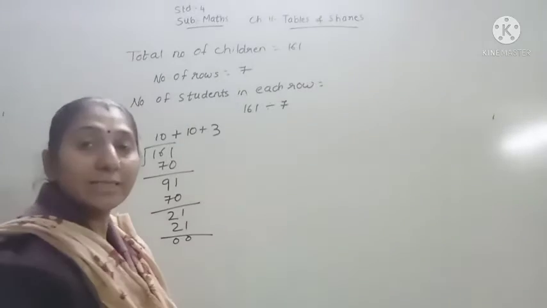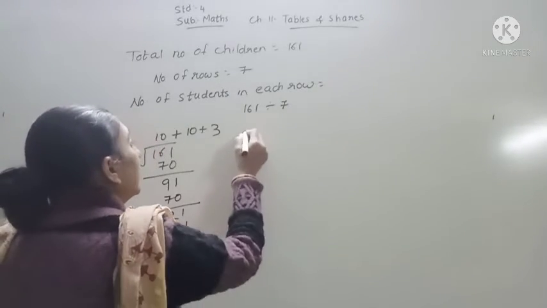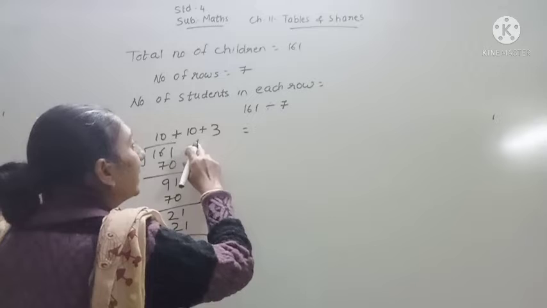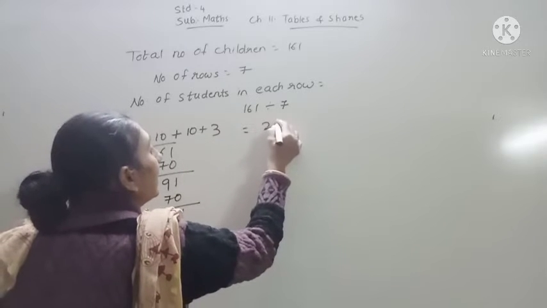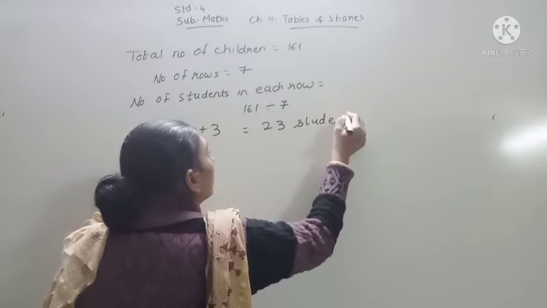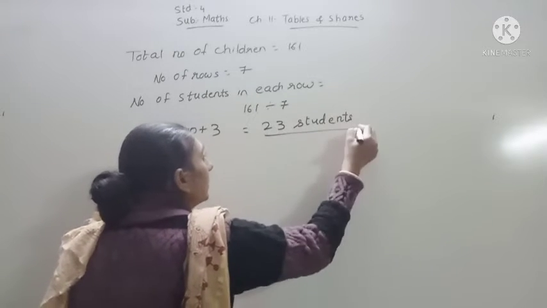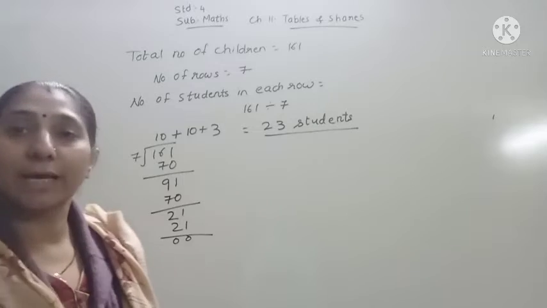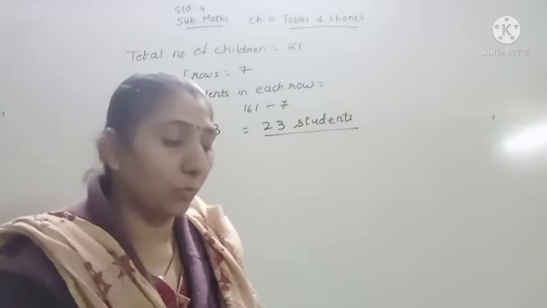So how many students are there in one row? Is equal to 10 plus 10 20. 20 plus 3 23 students are there in each row. 23 students are there in each row.